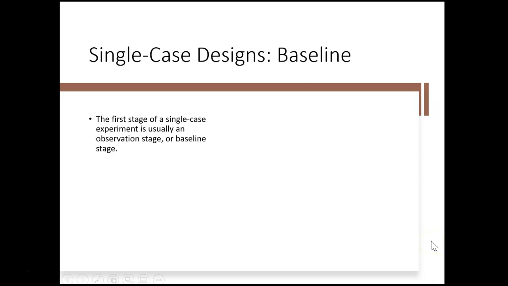A little more about baseline. The first stage in single case experiments is an observation stage where you're documenting baseline patterns of behavior. You're going to carefully record pre-selected behaviors of interest. One of the key aspects of these designs, especially in behavioral research, is that you're going to pick your battles. You're going to pick a behavior of interest, and you're going to document that behavior.